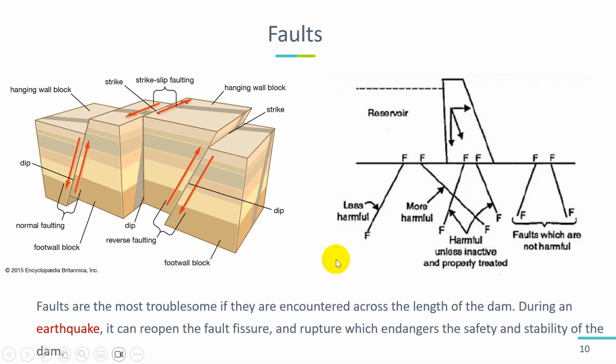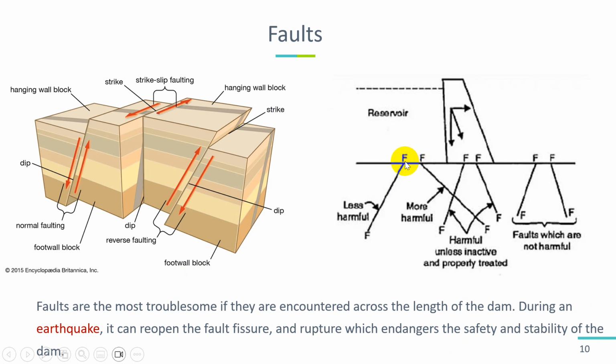And this is fault structure. Faults are the most trouble if they are encountered across the length of the dam. So if we build the dam on a fault structure, it will be trouble and very dangerous, because during an earthquake it can reopen the fault fissure and rupture, which endangers the safety and stability of the dam.